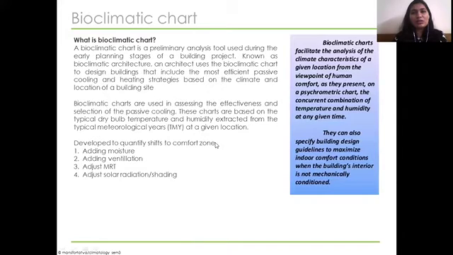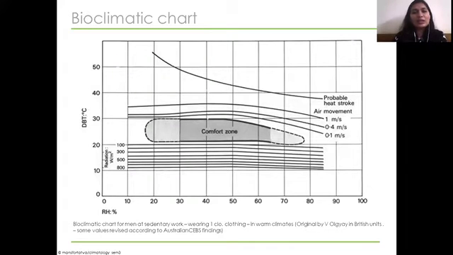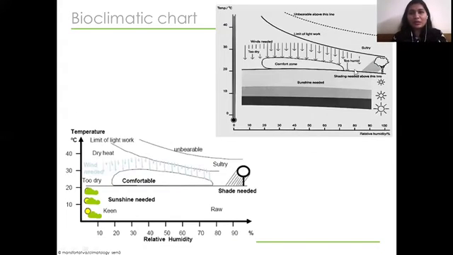Okay, so these two slides give you an insight into the importance, advantages and usage of the bioclimatic chart. This chart is again detailed out by some of the authors through these diagrams.